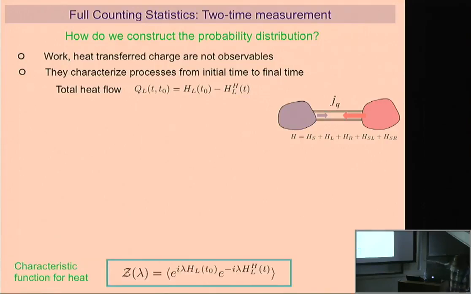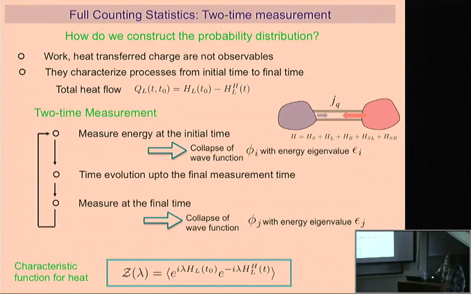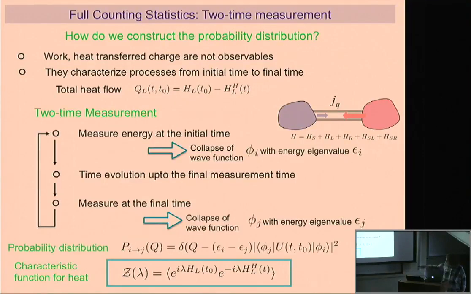And here at the bottom is the characteristic function for heat exchange, which is of interest for us. It is constructed as follows, with the exponent of the counting parameter and the Hamiltonian of the left side at time 0, and a similar structure but at time t, and the expectation value is over the initial condition.